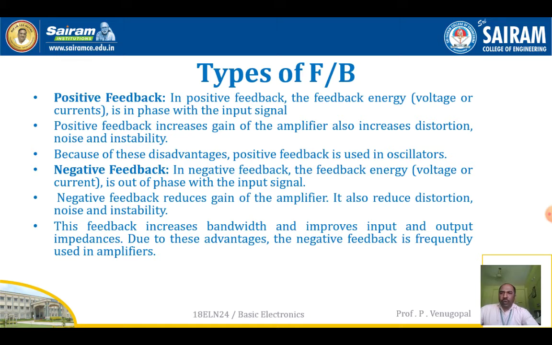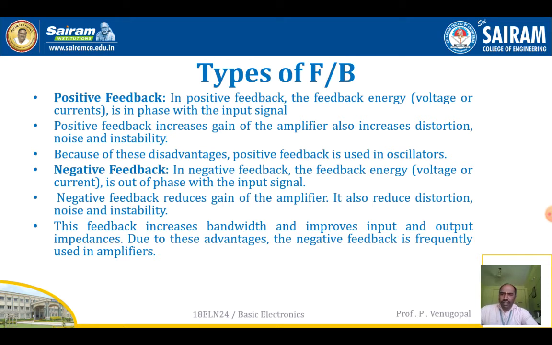So to overcome the disadvantages of the positive feedback, we can go for the negative feedback, where the feedback energy is out of phase with the input signal, which means the phase of the feedback energy is 180 degrees with respect to the input signal. Negative feedback reduces the gain of the amplifier, and reduces the distortion, noise and instability.